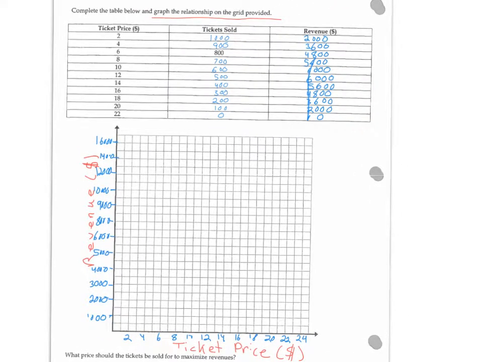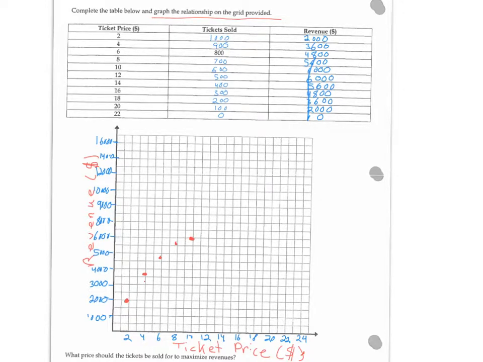Okay, so at a $2 ticket price, there is $2,000 in revenue. A $4 ticket price gives $3,600. A $6 ticket price gives $4,800. An $8 ticket price gives us $5,600. A $10 ticket price gives us $6,000.